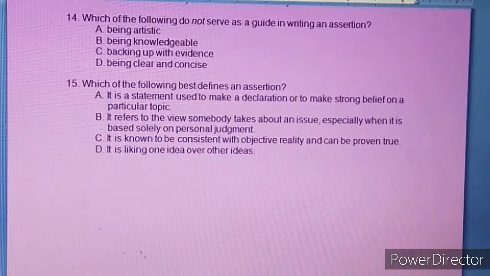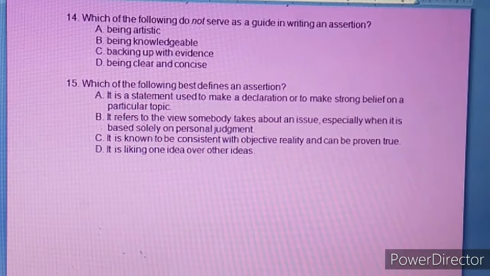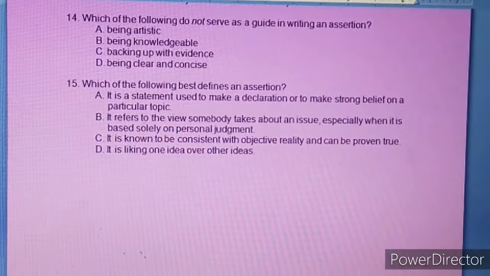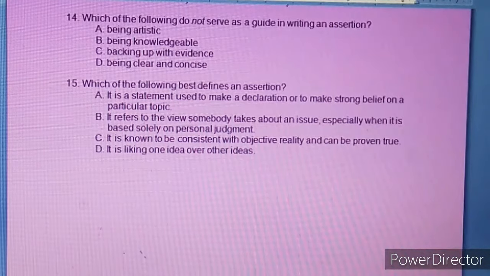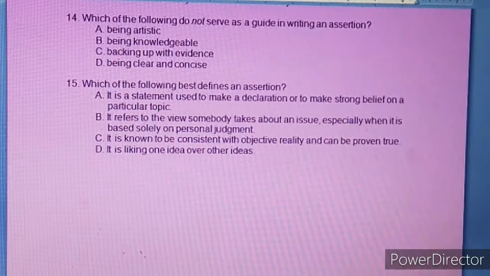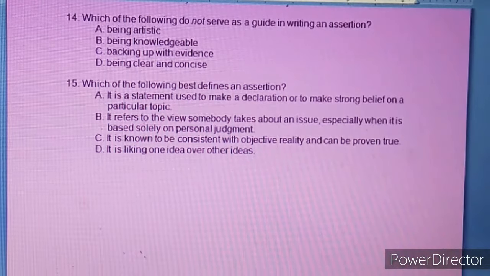Number 15. The last but not the least. Which of the following best defines an assertion? A. It is a statement used to make a declaration or to make strong belief of a particular topic.